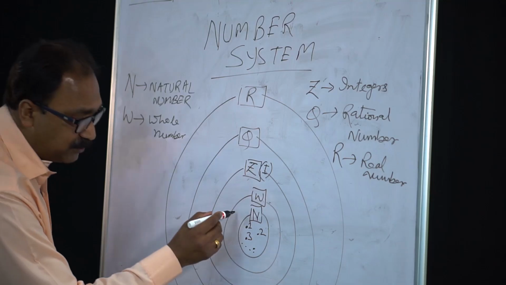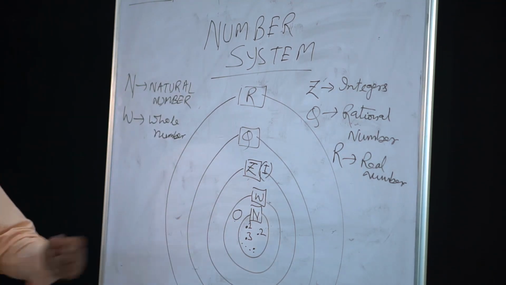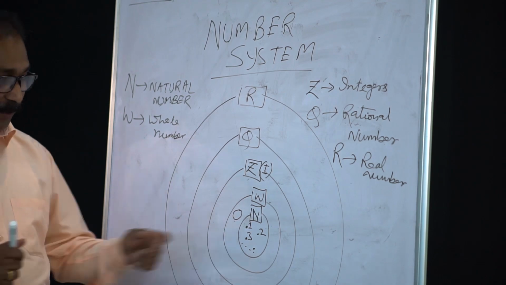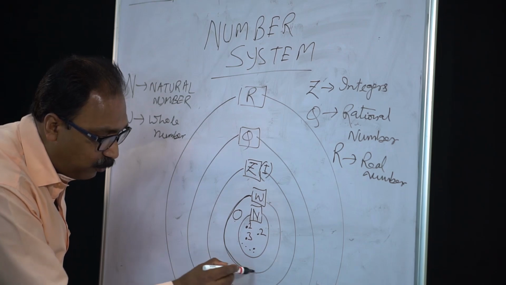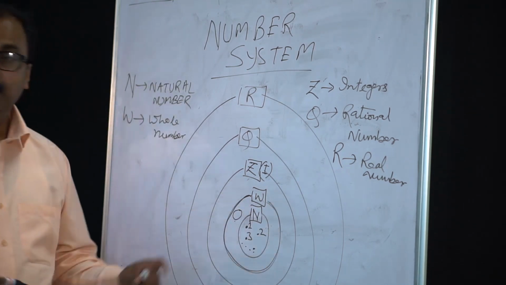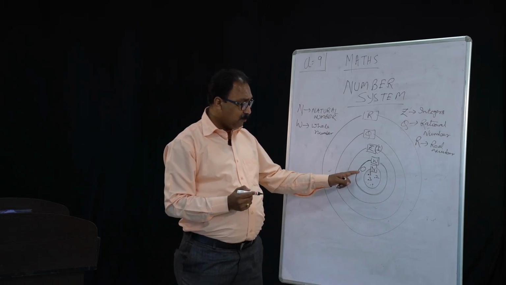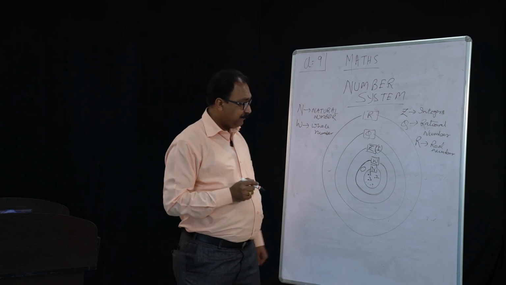Then if I put 0 here, the dot indicates the number 0. That means whole numbers include not only these, look here, 0 also. That means 0, 1, 2, 3, 4 are all whole numbers. So whole numbers start from 0 and go through all the positive numbers. Easily you can recognize. Clear?